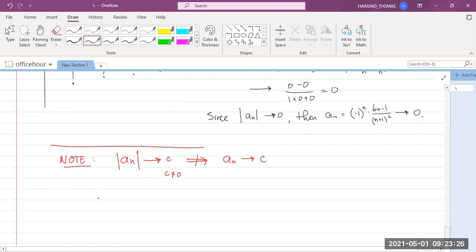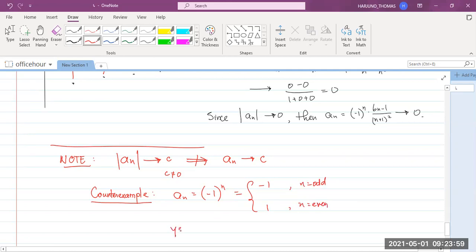Counterexample: the example to counter the conclusion, showing that it is not true. Take a sub n equals (-1)^n. We know this is divergent: it's -1 when n is odd and 1 when n is even.